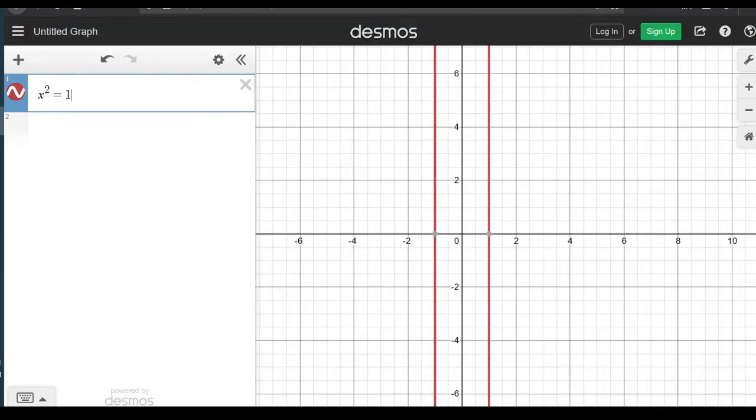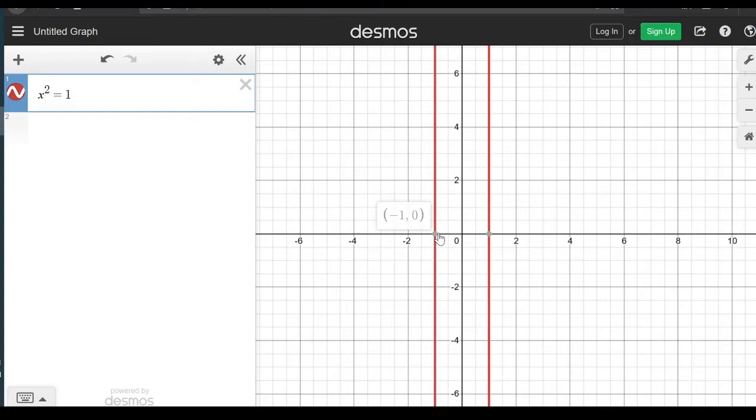The equivalent to this in two-dimensional space would be given by the following. Something like not x squared plus y squared equals radius squared, but if we just had x squared equals 1. This equation is satisfied by any point whose x-coordinate squares to positive 1.